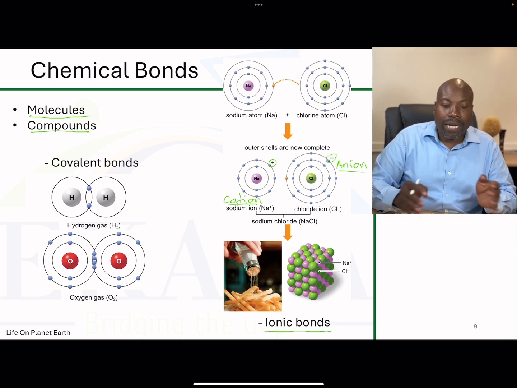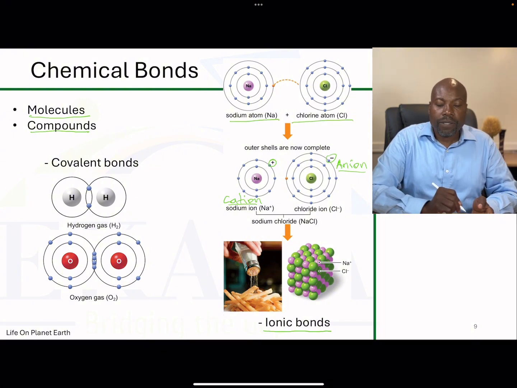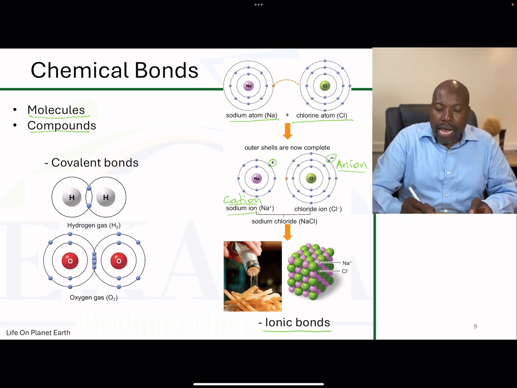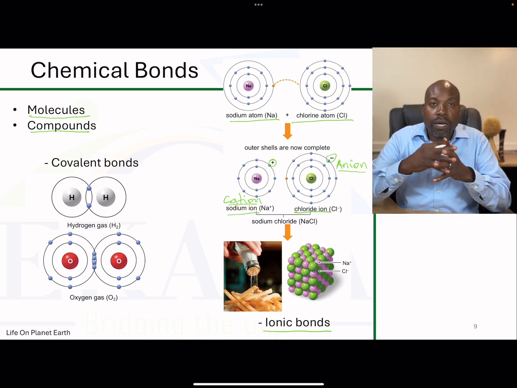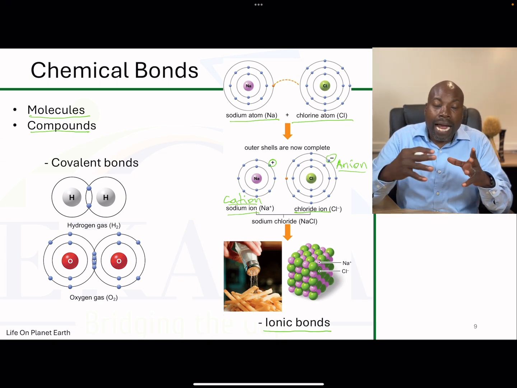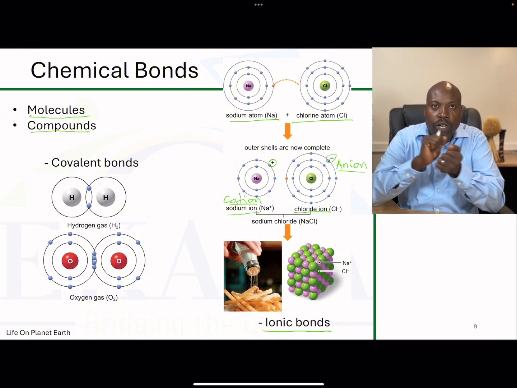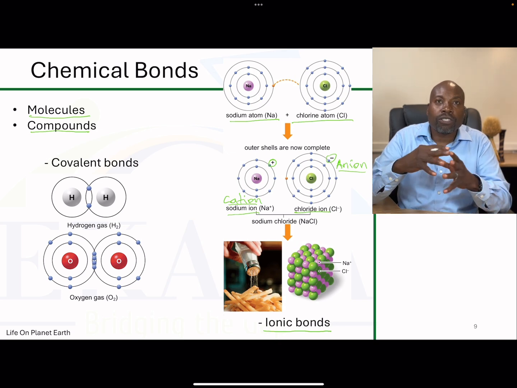That's exactly what happens between sodium and chlorine, right? So that we have a sodium ion here and a chloride ion here. And these two are stabilized by negative and positive charges attracting to each other so that they form a crystal.